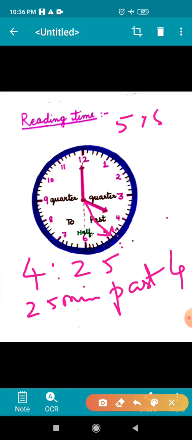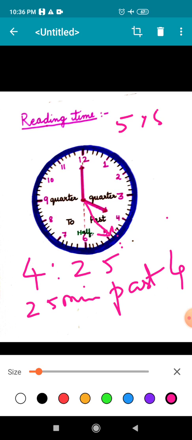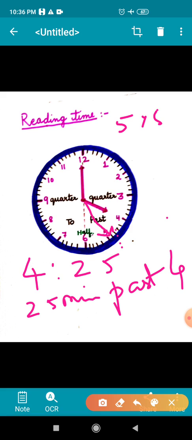Okay, children, we can read this time in a different way. Let us see how. Children, here you can see, if this big needle goes on 12, this small needle will also move correspondingly and go on 5.